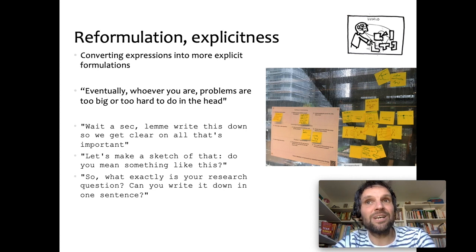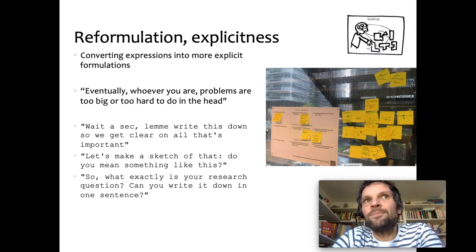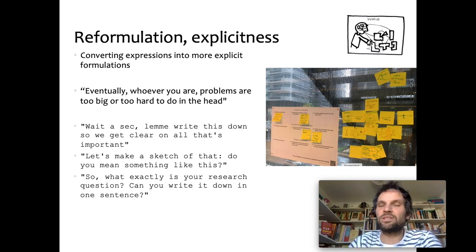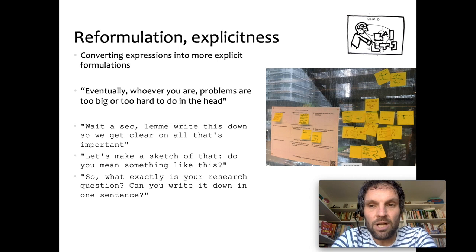And of course, thinking outside of the box is also important for design. So as a designer, you need to very quickly make something explicit in a drawing or a prototype or whatever, but you also need to be able to cross it out again and start with a blank slate. So switching between that is actually one of the things that good designers are good at.